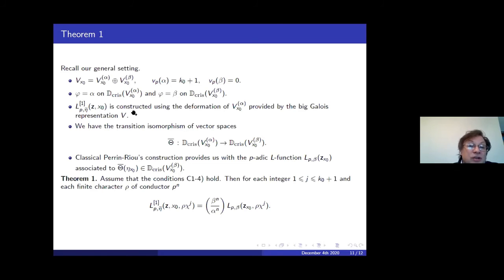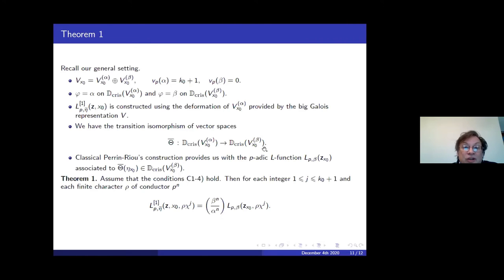Using this big Galois representation V at x0, we constructed by some version of Perrin-Riou's method first a two-variable P-Adic L-function, and next a one-variable cyclotomic-style P-Adic L-function, L1 in brackets at x0. We also constructed before in our setting some transition isomorphism between crystalline modules of these direct summands.